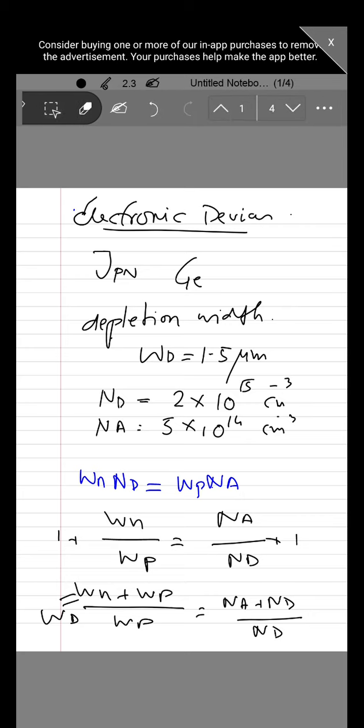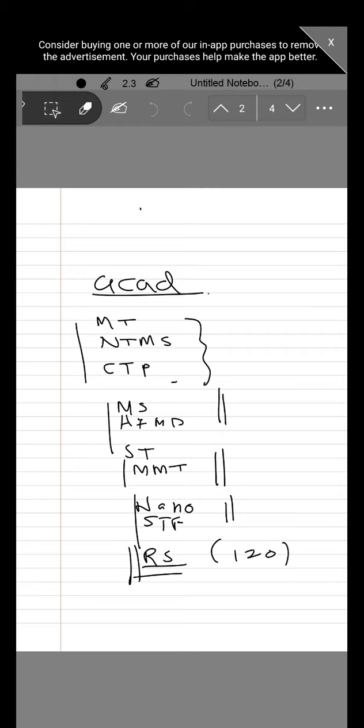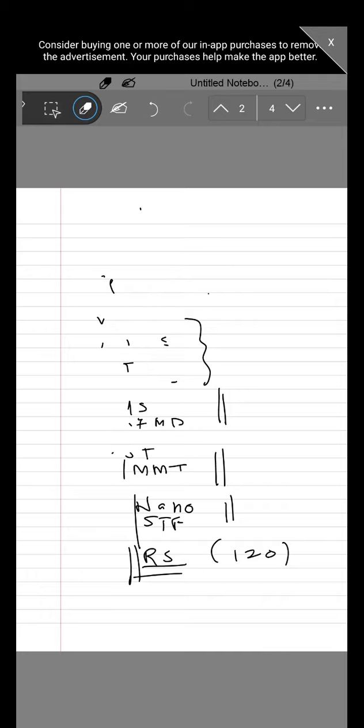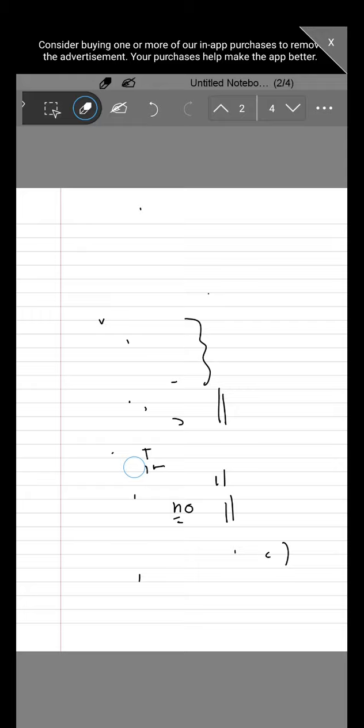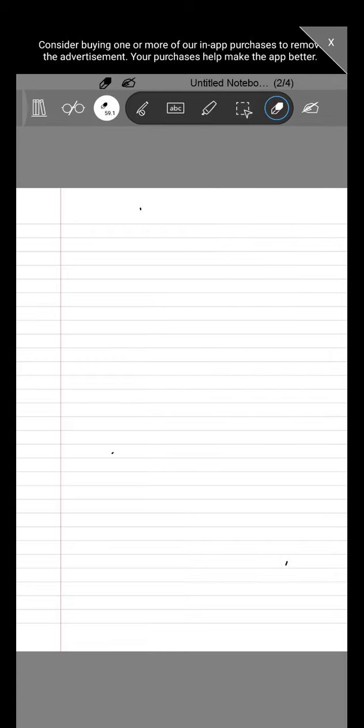So we can write Wd by Wp is equal to Na plus Nd by Nd.